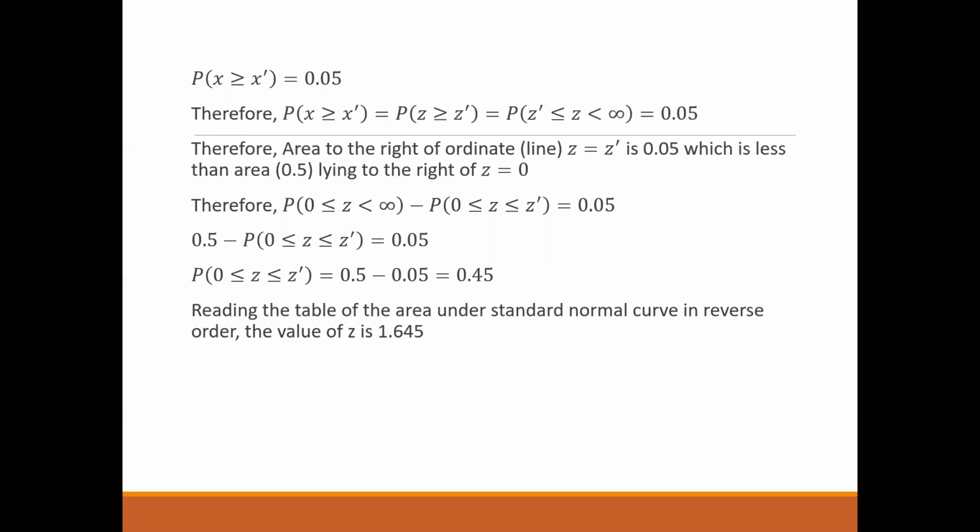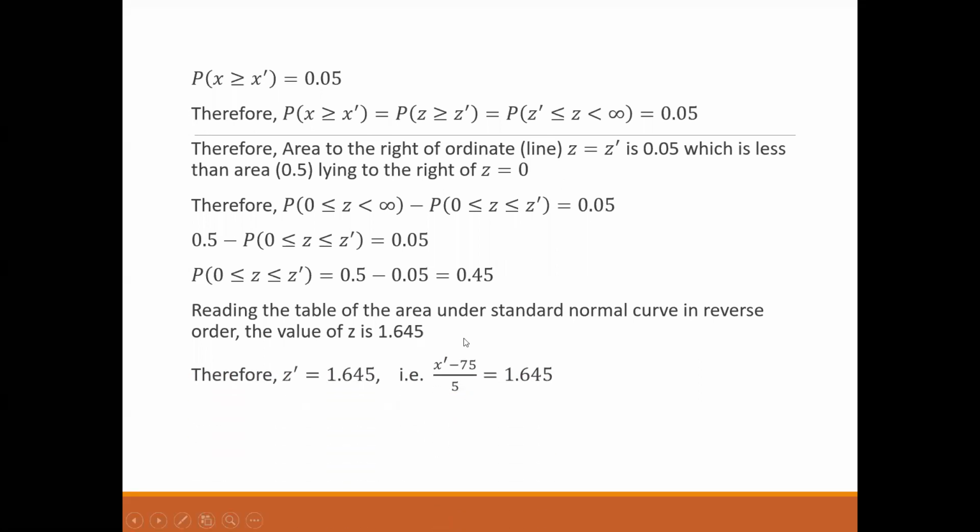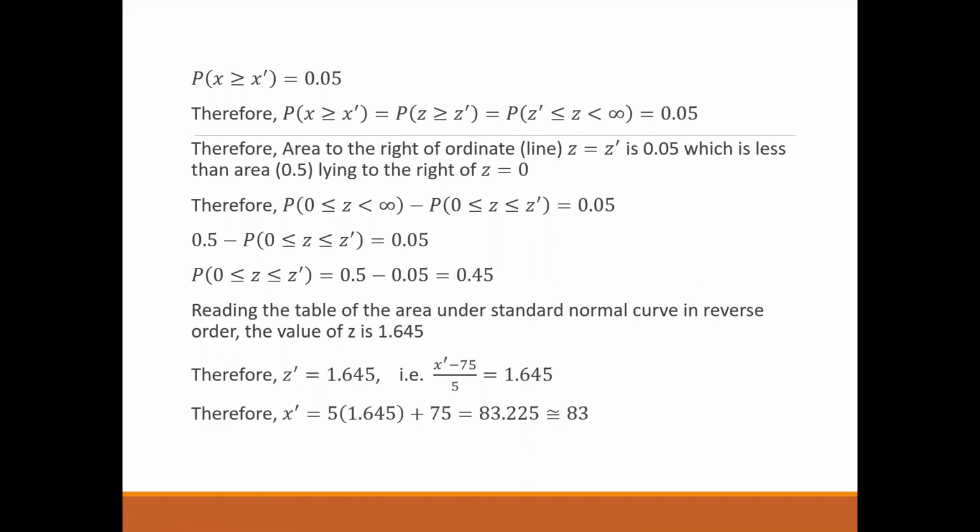Now using this value, I have to replace it in the standard normal variate function for Z. So the function, if you remember, is this: X single quote minus 75 upon 5 equals 1.645. If I solve this equation, I will get the answer as 83.225, which is approximately 83. So 83 is your answer.